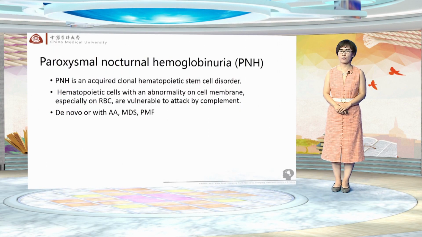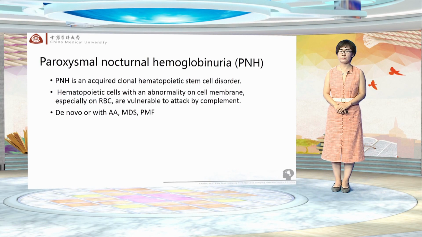PNH is an acquired clonal hematopoietic stem cell disorder. The defective synthesis of GPI affects all hematopoietic cells, including red blood cells, granulocytes, lymphocytes, and platelets. Only red blood cells are more sensitive to the lytic effect of complement.